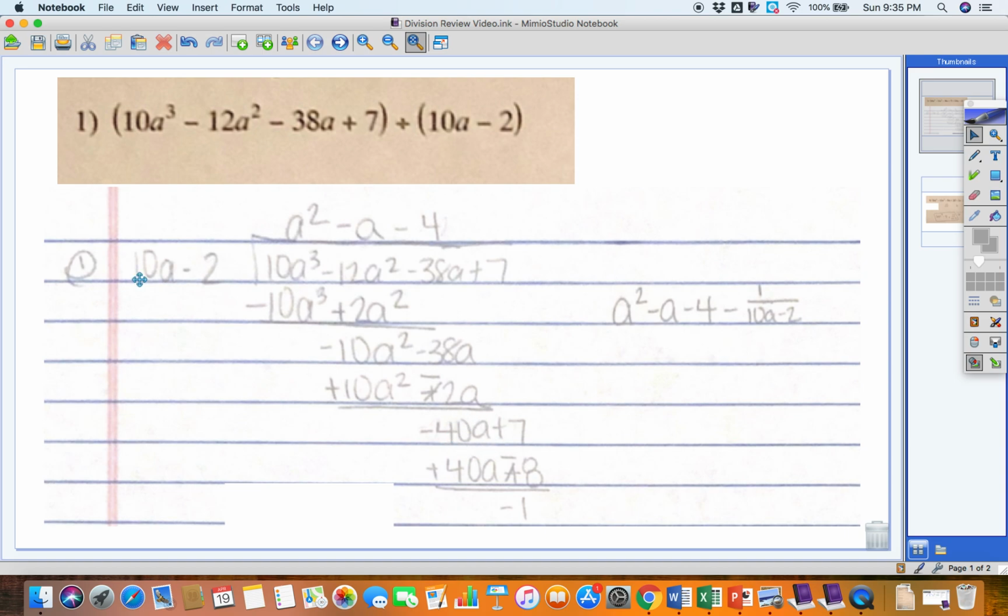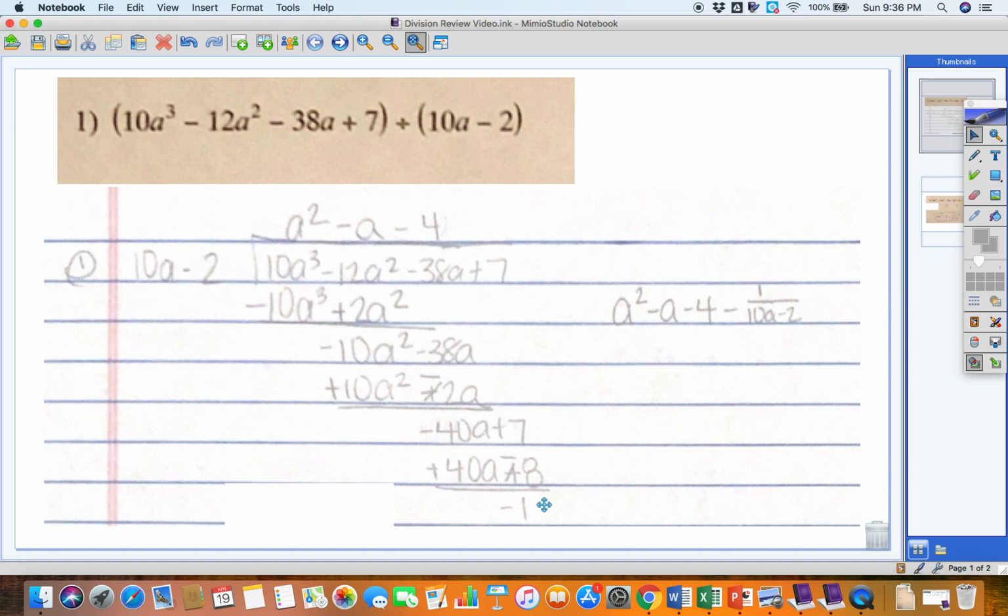Negative 40a divided by 10a is negative 4. Then we multiply negative 4 times 10a is negative 40a. Negative 4 times negative 2 is positive 8. Flip the sign on both terms, so this negative becomes a positive and this positive becomes a negative. When you add them together, you're left with negative 1.